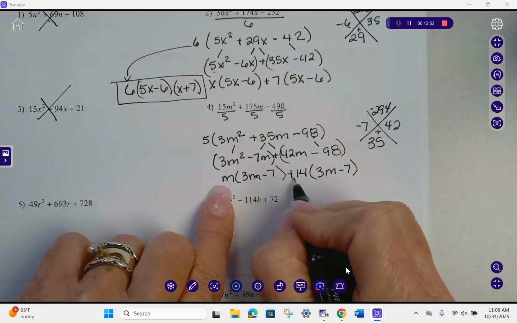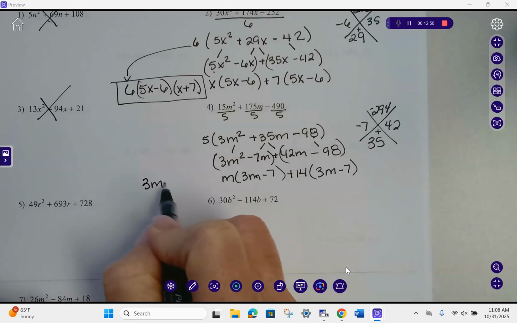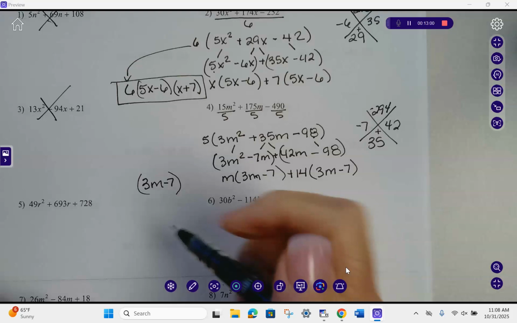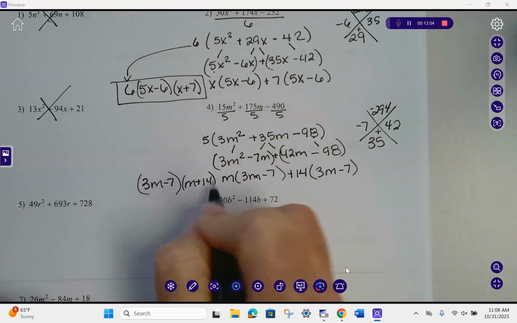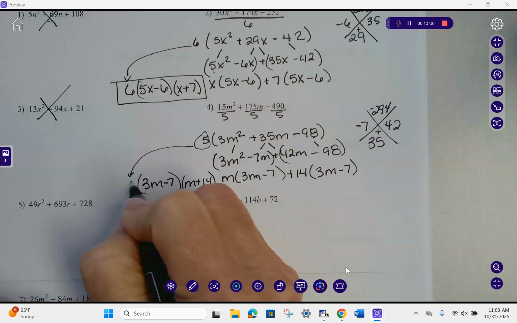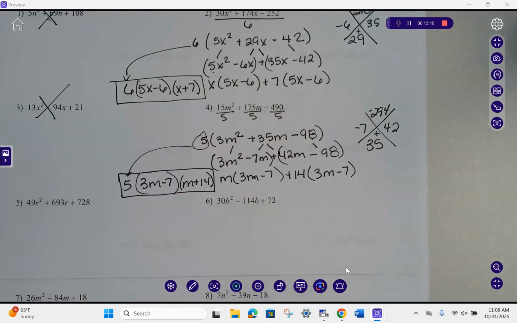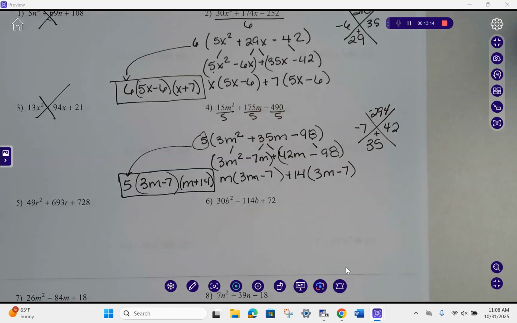So our factors are, I'll write it out over here, 3m minus 7, m plus 14, and your 5. There we go. There's all of our factors of that particular trinomial.